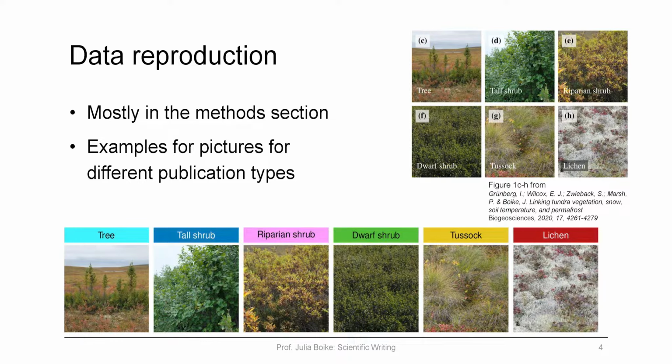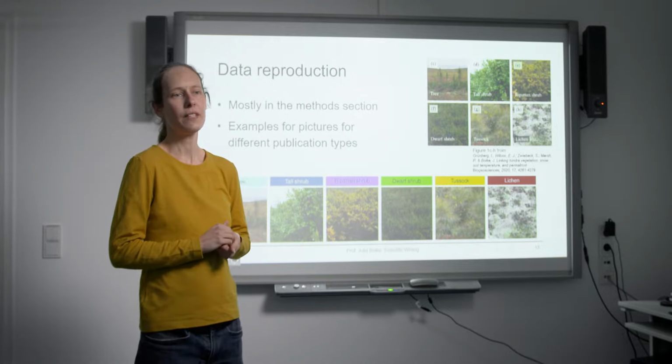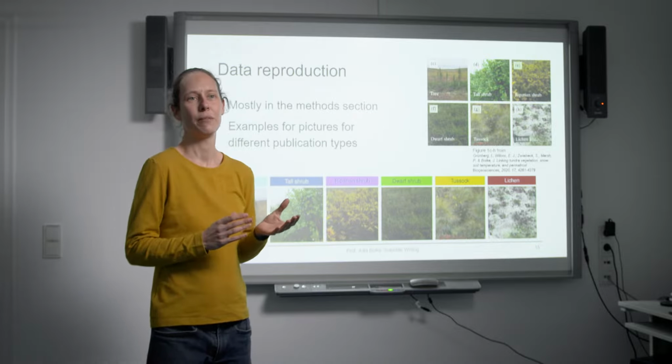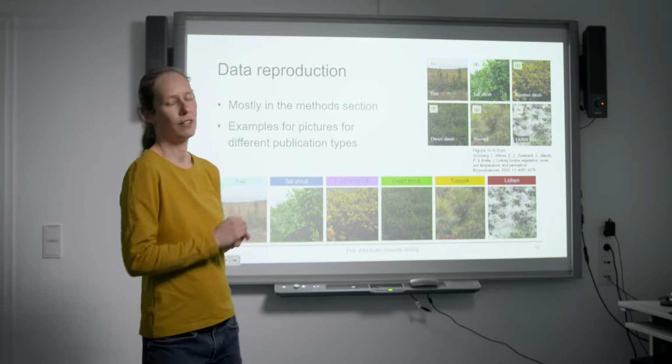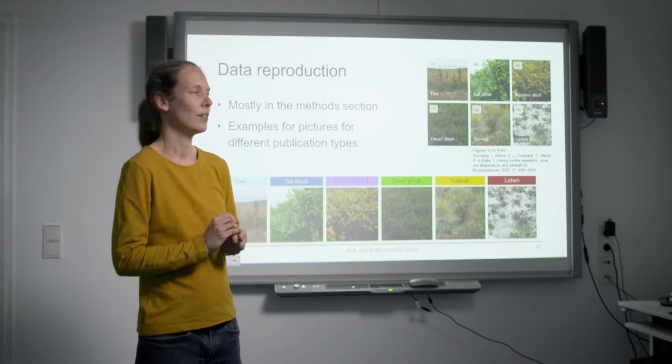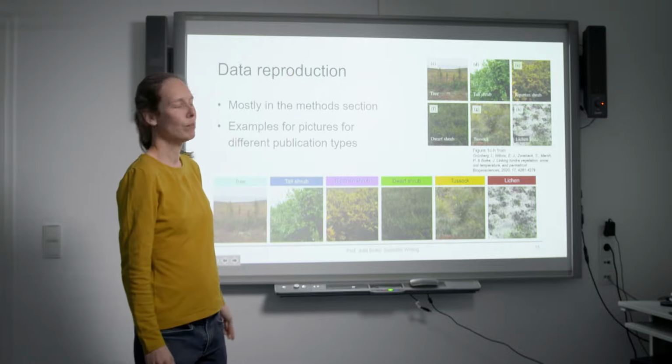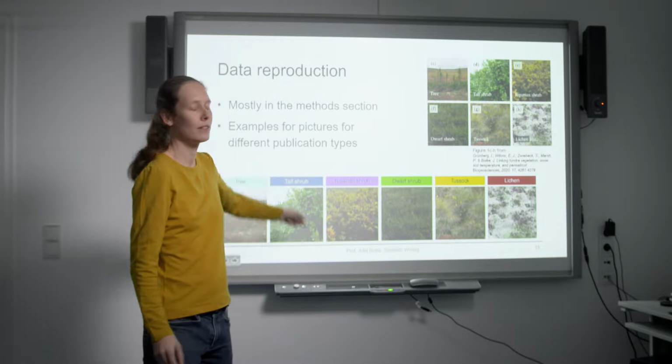While for a poster I did the same pictures basically, but I have the legend here on top of the images, and then I also included the colors, which I use also in other graphs. So on a poster I was able to use these little pictures as a legend for all the different graphs that I had on this poster, because, for example, the trees I always had with this light blue color and the tall shrubs with this dark blue color.